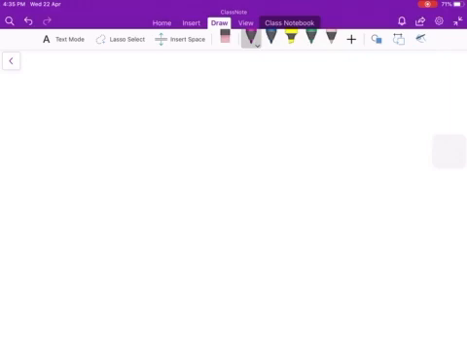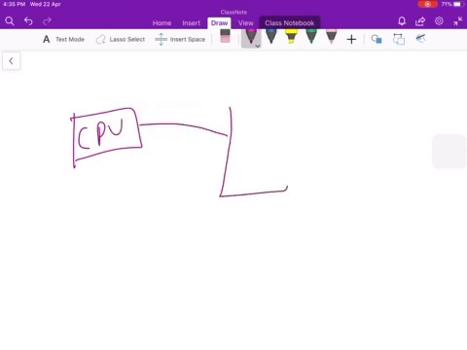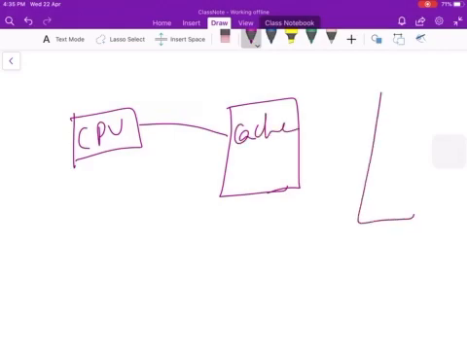Now you remember the flow chart of cache execution. So here is the CPU, which generates a request to the cache, and we have our main memory, or next level of memory.